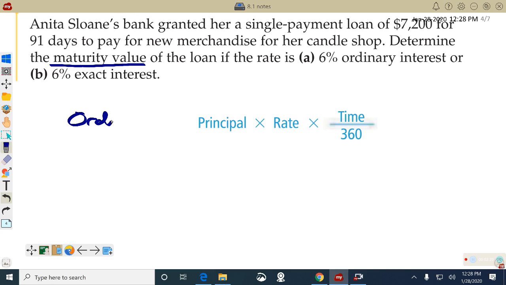Ordinary interest versus exact. So we're going to put ordinary interest equals principal times rate times time. Principal times rate times time. And notice how time here is over 360 days. I'm going to explain that right now. Notice how that differs from exact interest, which is the second formula.